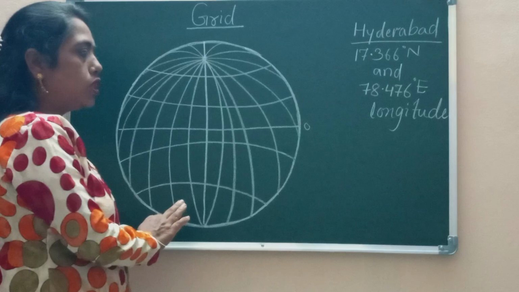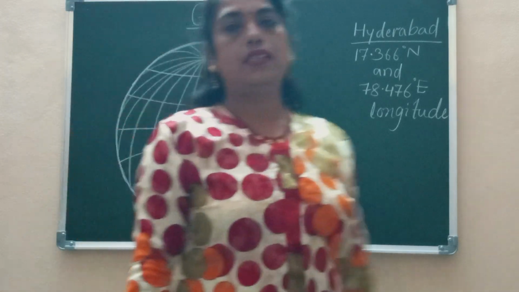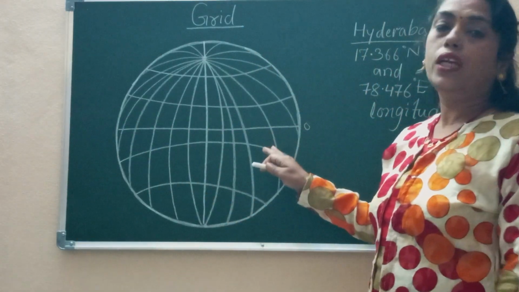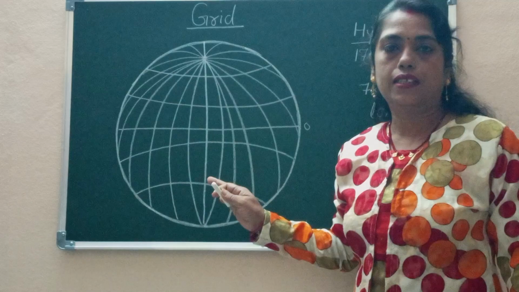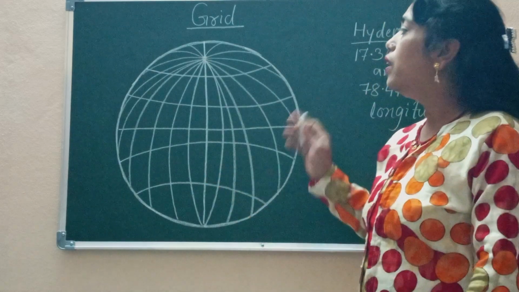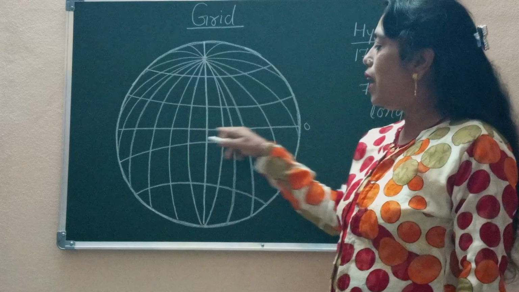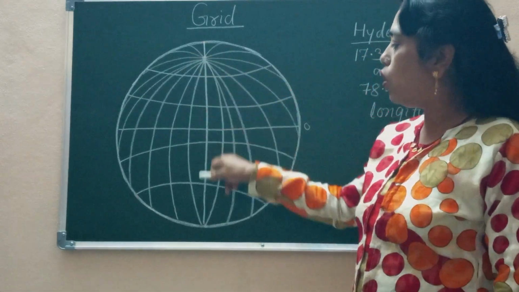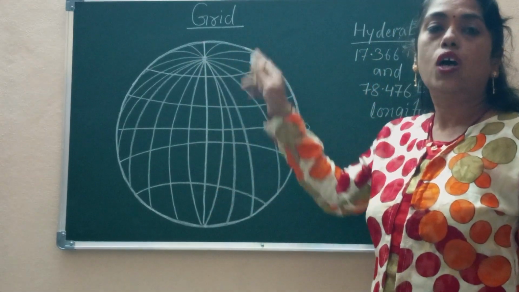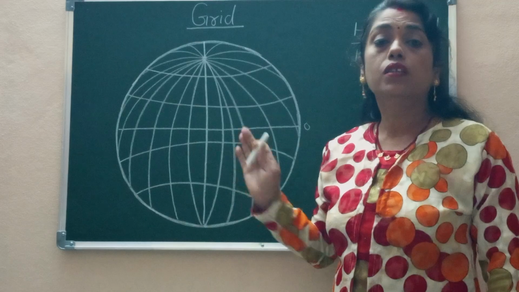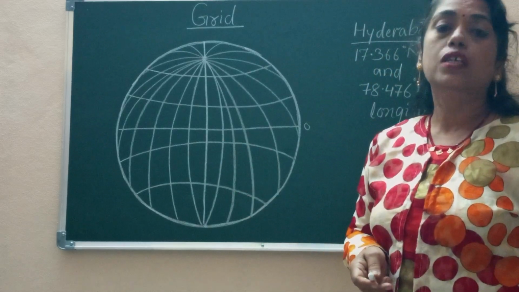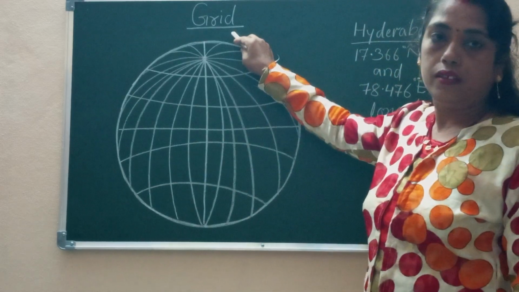When we are watching it, we can see it looks like a network of lines, when the lines of latitude and the lines of longitude cross each other. This network of lines is called the grid.